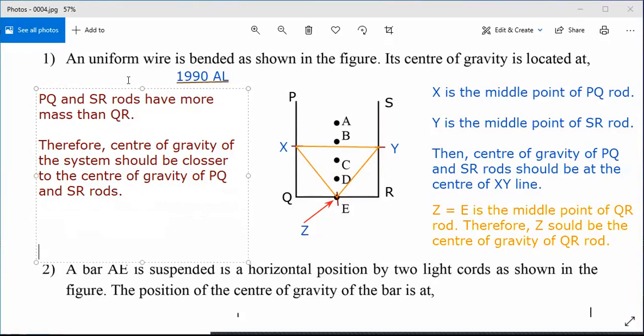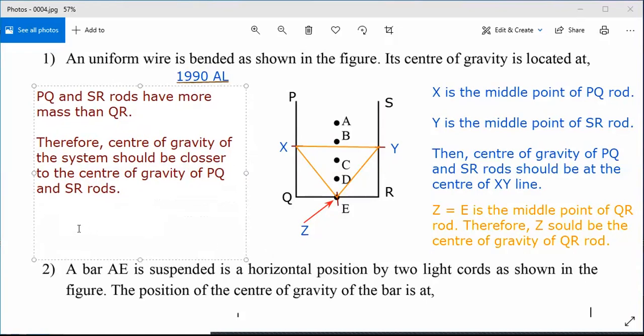Read the descriptions I have written, and somebody unmute the mic and tell me which point the center of gravity is. C or D? C. Yes, very good. So the center of gravity of PQ and SR rods is on XY line.